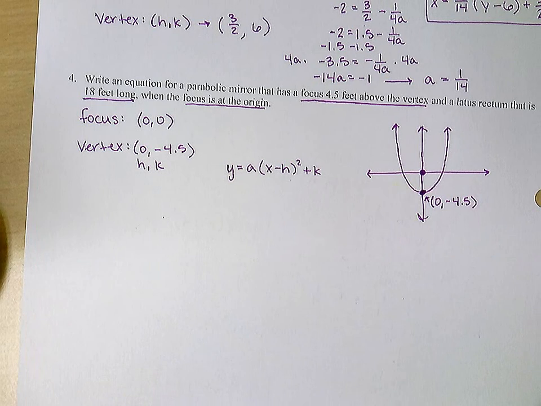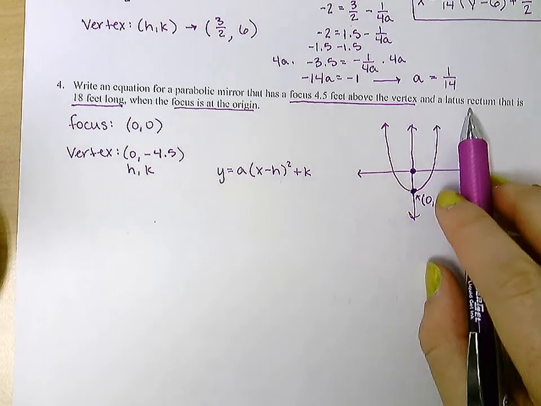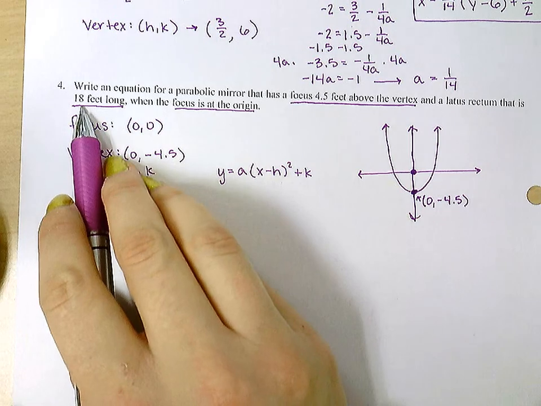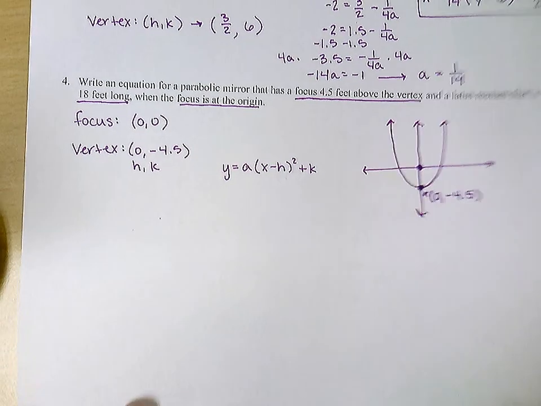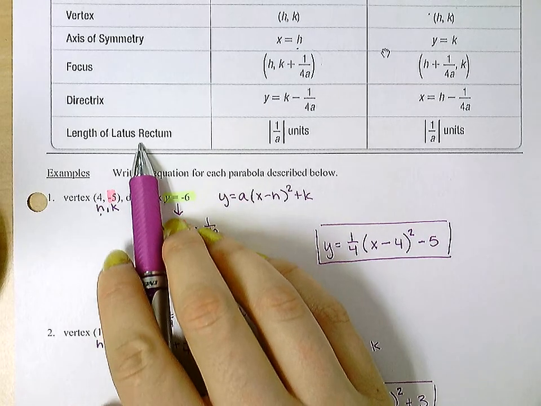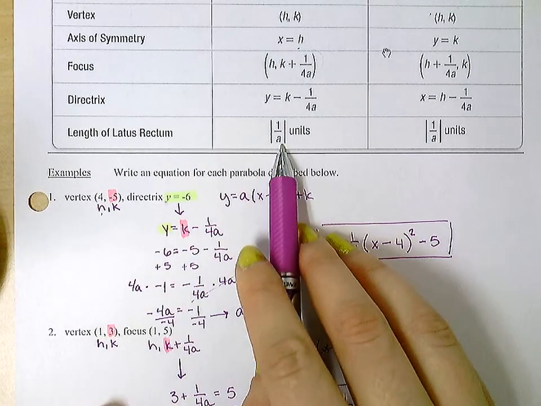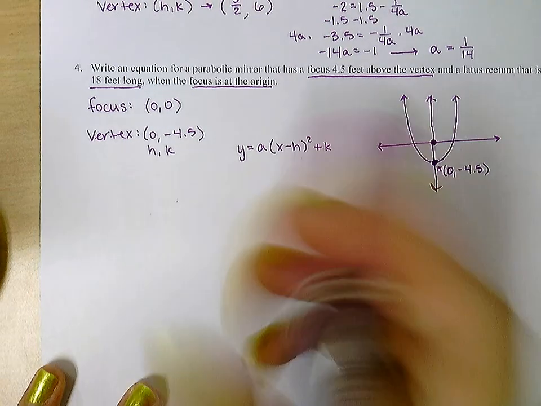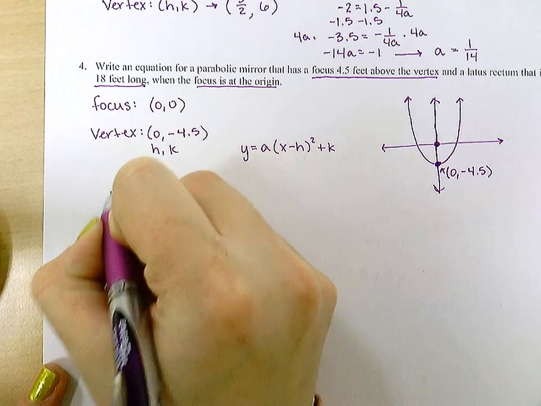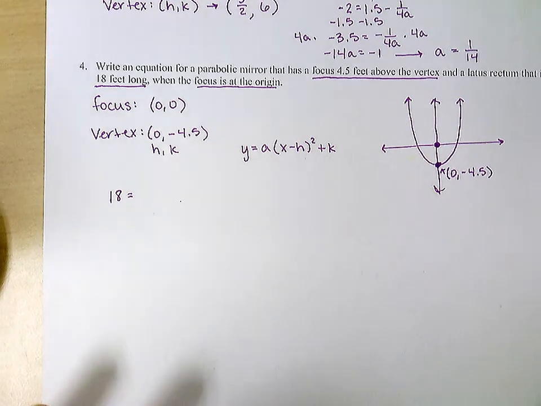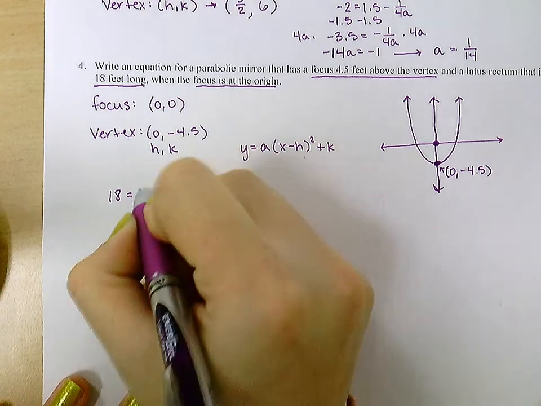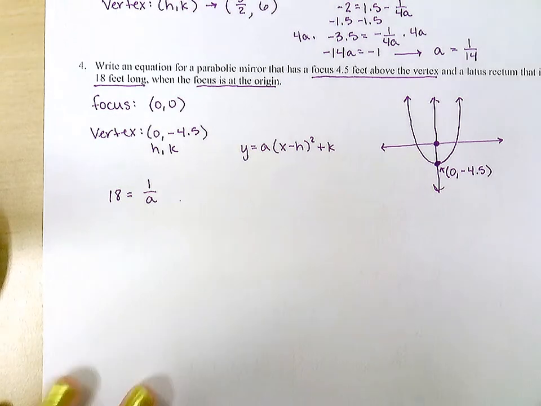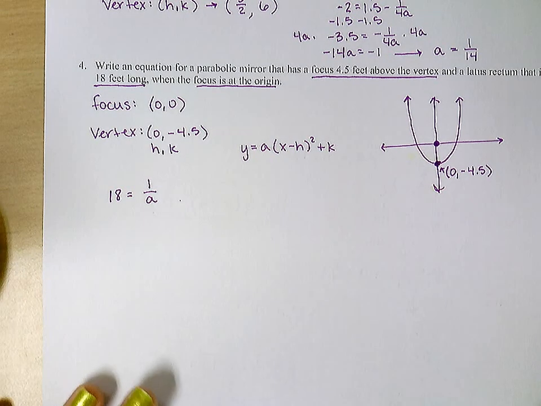To find out what a is, we can use this latus rectum of 18 feet. If you look at the front, our length is 1 over a units. So I can set 18, which is its length, equal to 1 over a.